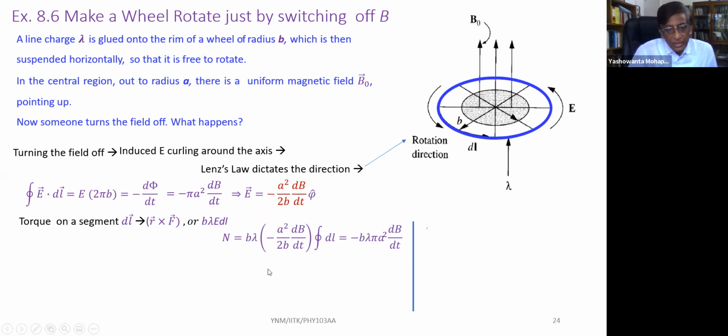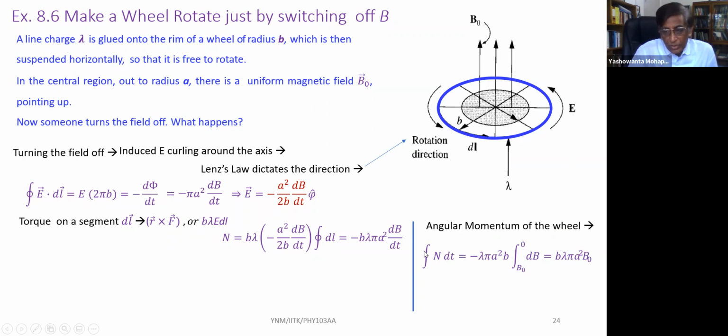All right. So the angular momentum of the wheel, this is the torque, would be, of course, the torque integrated over time. Initially we started off with B naught and went to 0, so dB is going to be B naught, and that is b lambda pi a square B naught.